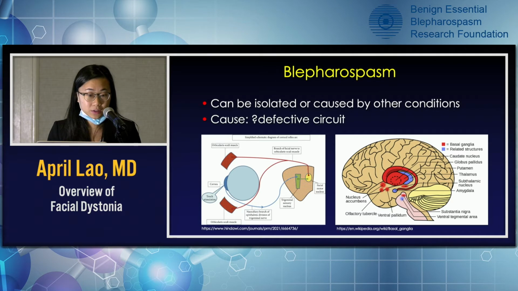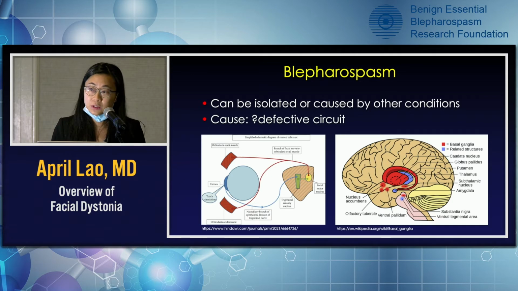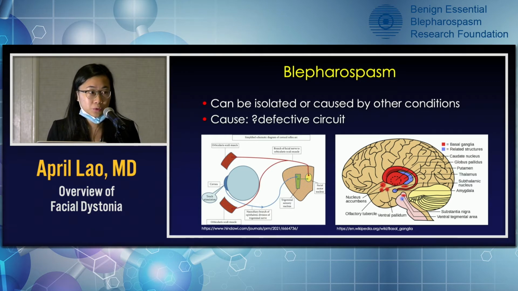It can be isolated, or it can be caused or associated with other conditions, which can be eye-related, like dry eye, blepharitis, intraocular inflammation, can be associated with medications for Parkinson's and other Parkinsonian type diseases like Huntington's, Wilson's, progressive supranuclear palsy. The cause is really not well understood.